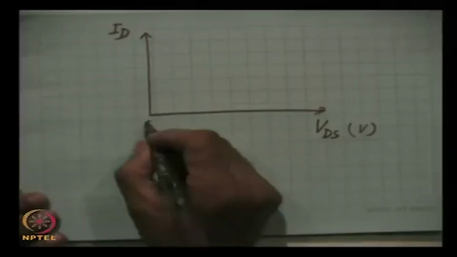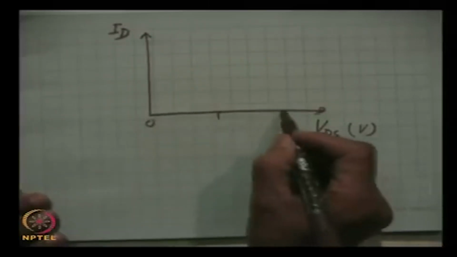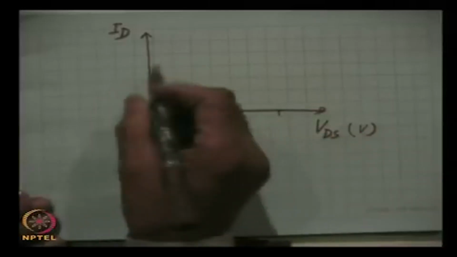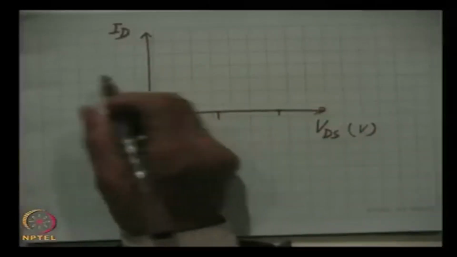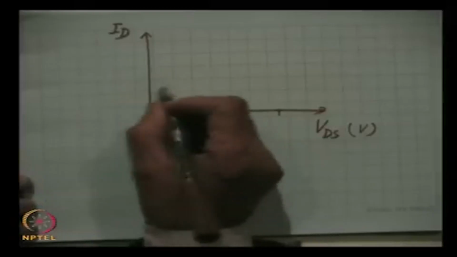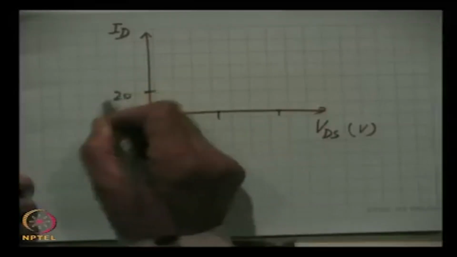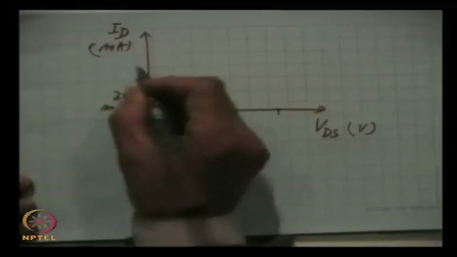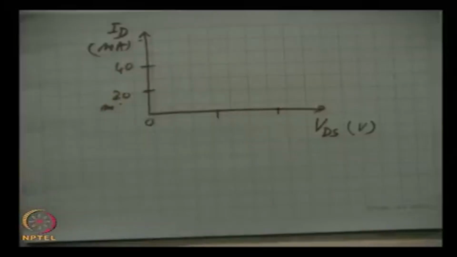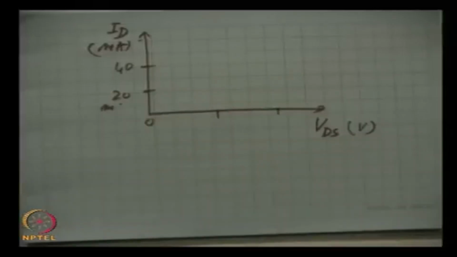This is 0 volts and this is 5, 10, 15, and here this may be 20 milliamperes, 40, 60 and so on, depends on the device. This can be 100, 200, 300 milliamperes and the voltages can be 30, 60 and so on.